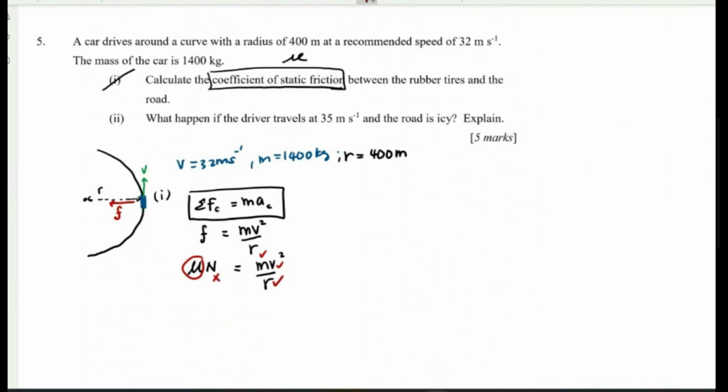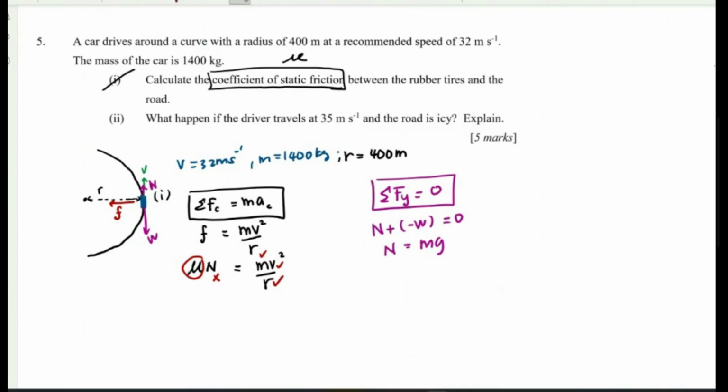Bila tak ada, you tengok in your free body diagram of the car here. Okay, we can draw weight downward and then we're gonna have normal force. So ada dua saja force in Y component, which is equal to 0, which is N plus negative W equal to 0. So the normal force is equal to mg.